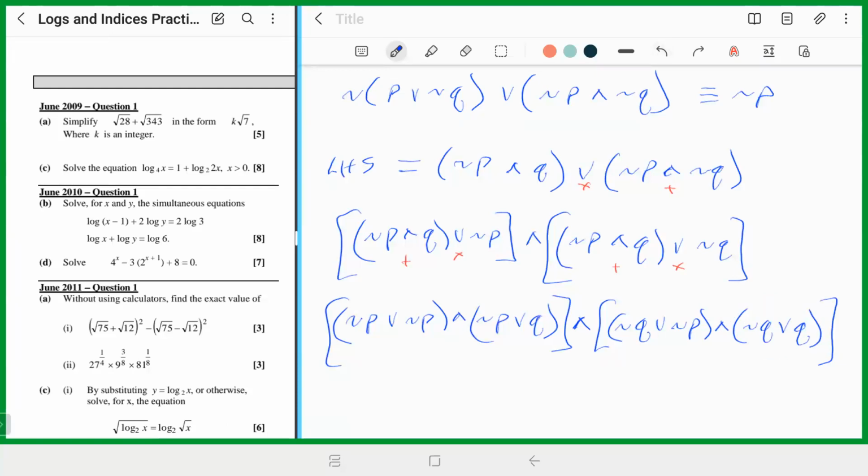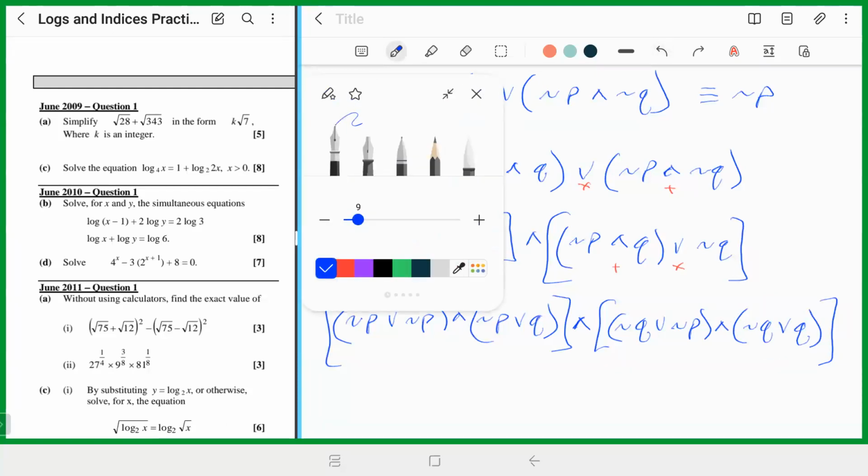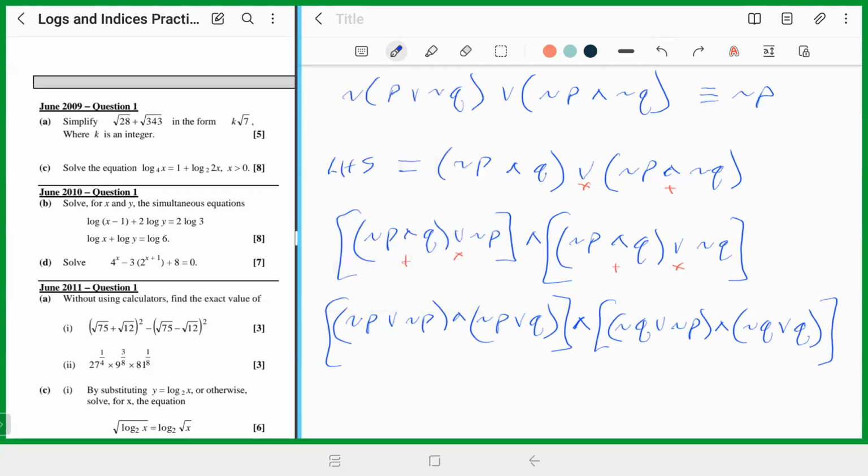Alright, let's simplify some of these. This is just not P, so this is just not P and not P or Q, this bracket.